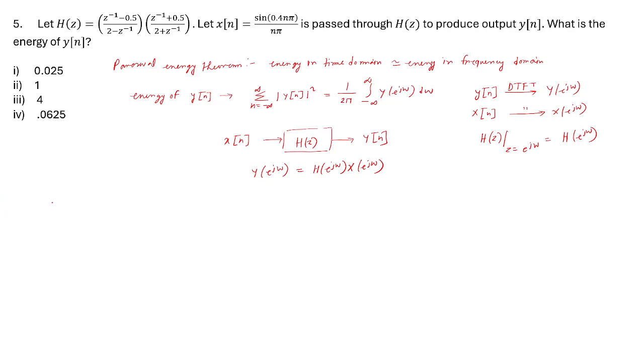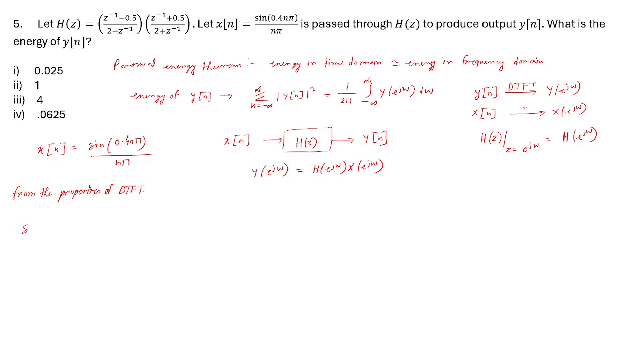Okay, let us first find X(e^{jω}), the DTFT of the input signal. The input signal we see has a specific structure here, sin(0.4πn) over πn, as is seen from the properties of DTFT.